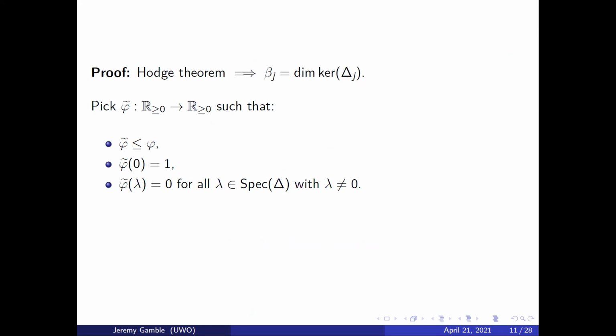And then for every element of the spectrum of the Laplacian, on all j-forms, we set it equal to 0, except for the case where lambda is equal to 0 itself.